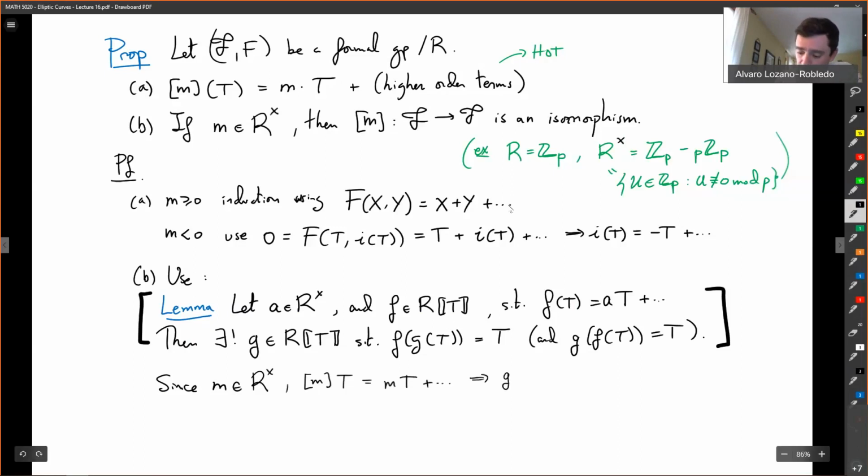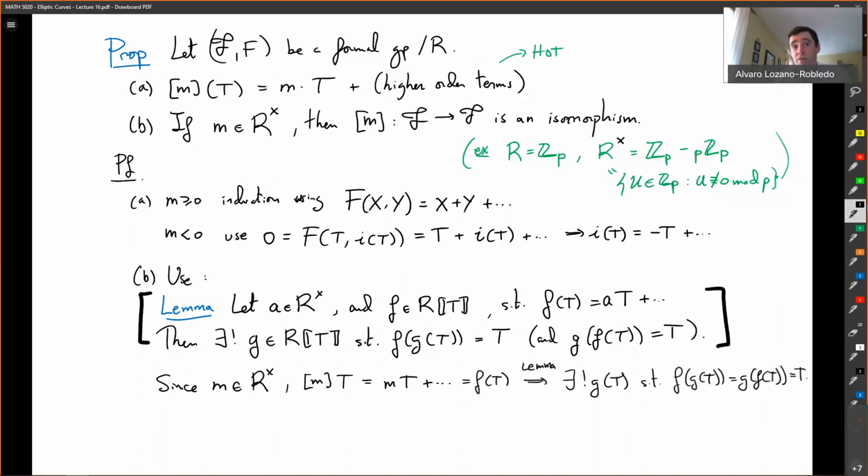Let me call this power series f(t). Then by the lemma, there is a unique g(t) such that f(g(t)) equals g(f(t)) equals t. So there is a power series that works.